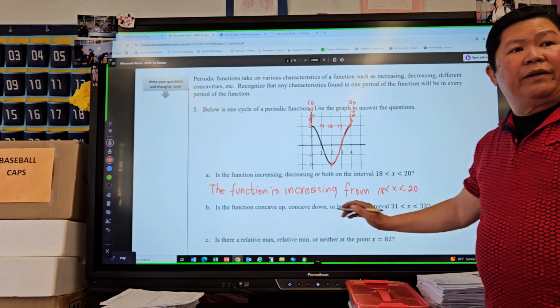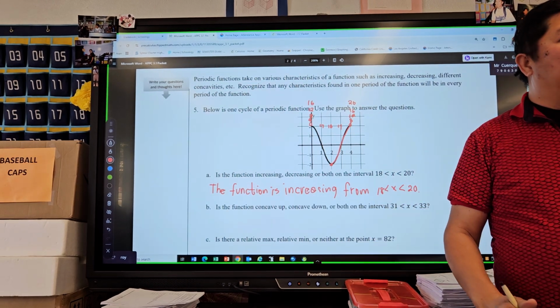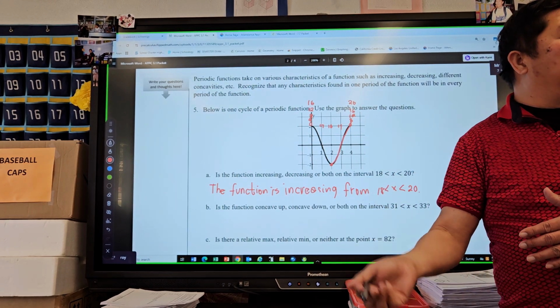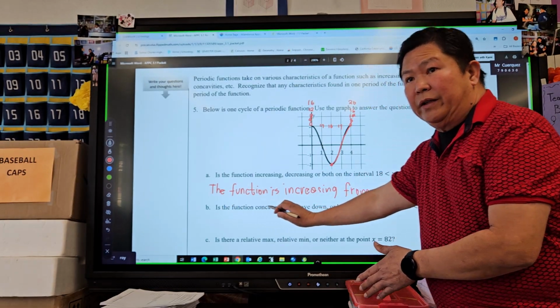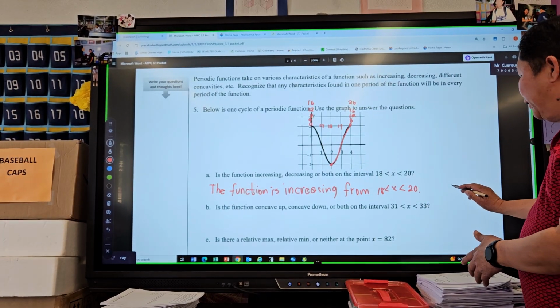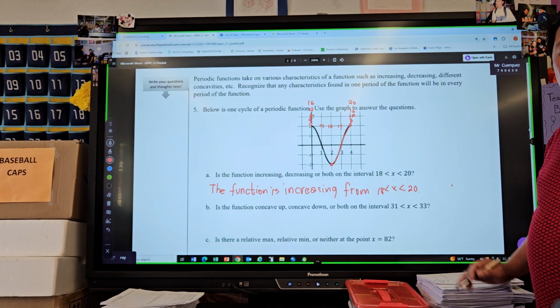This is how you justify your answer, guys. You don't have to only say increasing, but you're going to write it this way for you to earn how many points? 3 points.